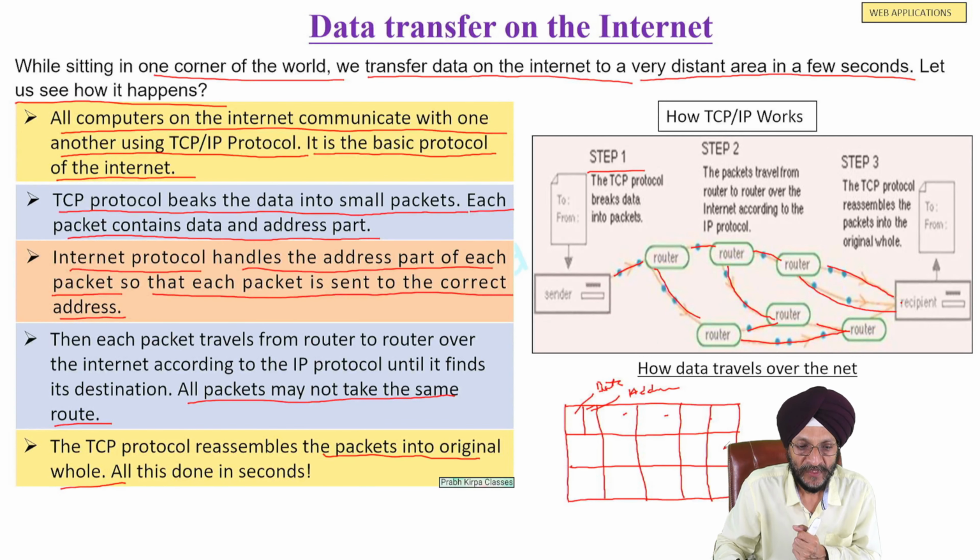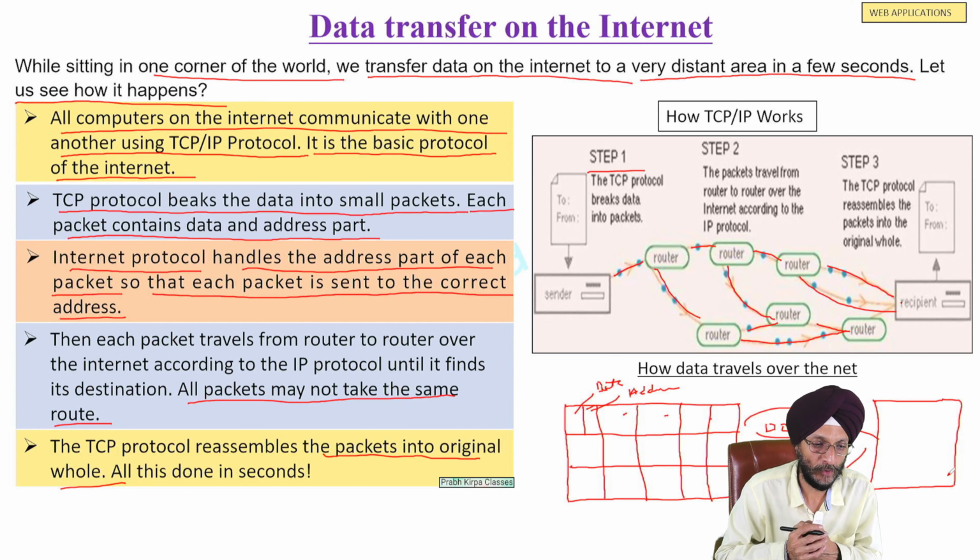It means that these small packets now follow different routes. These are the small packets. Though these follow different routes, they reassemble at the final destination. And this is done by TCP protocol.